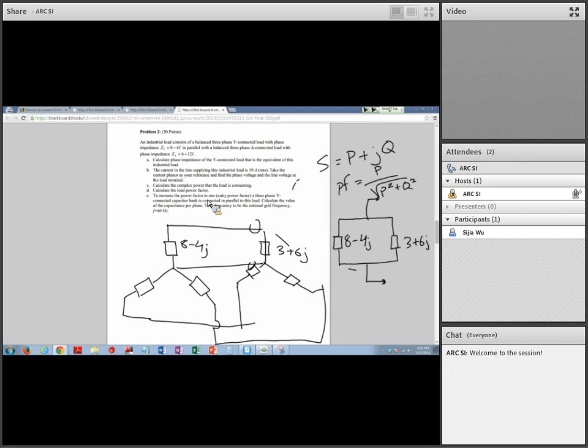You can use that voltage. V squared over the capacitor's impedance would be equal to Q. From there you have omega C, where omega is 2 pi times the frequency, 60. And you can find the capacitor from there.